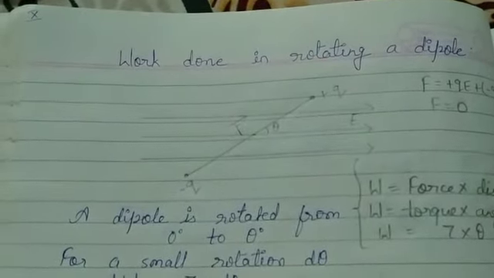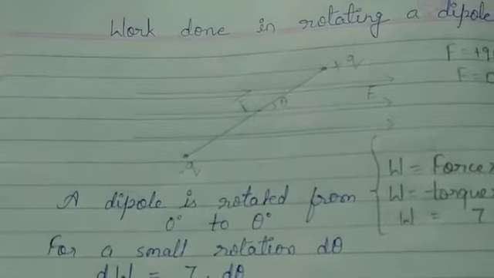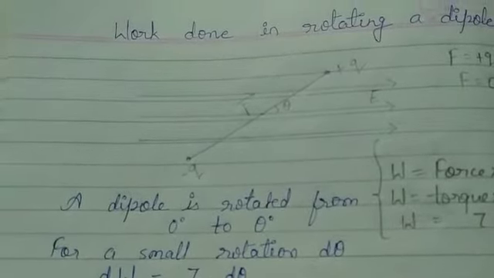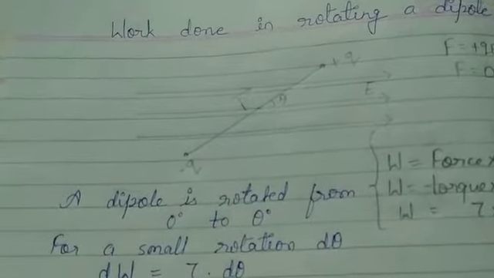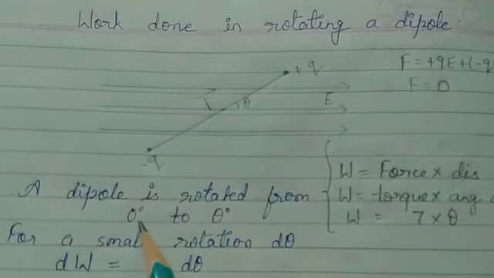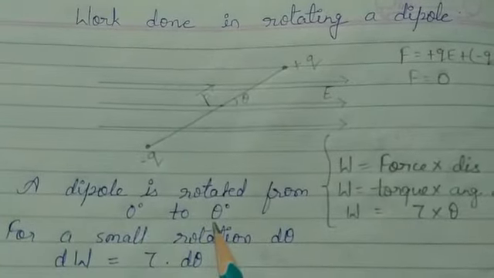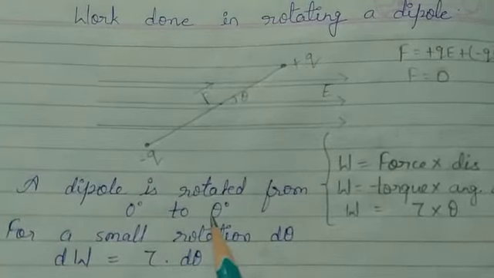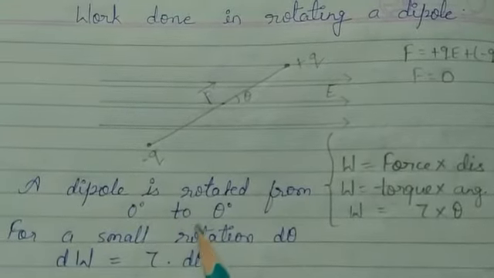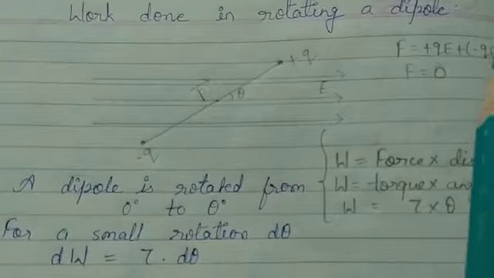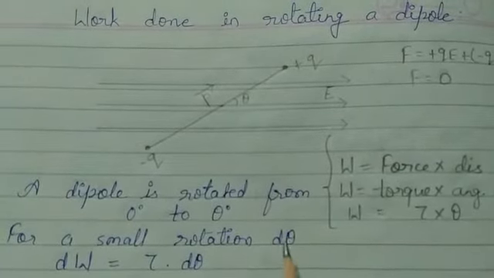In this method, we will distribute the whole rotation into small angles. Suppose the dipole is rotated from 0 degree to theta degree. From 0 to theta degree, we divide the angular displacement into very small angular distances, that is in terms of d theta.